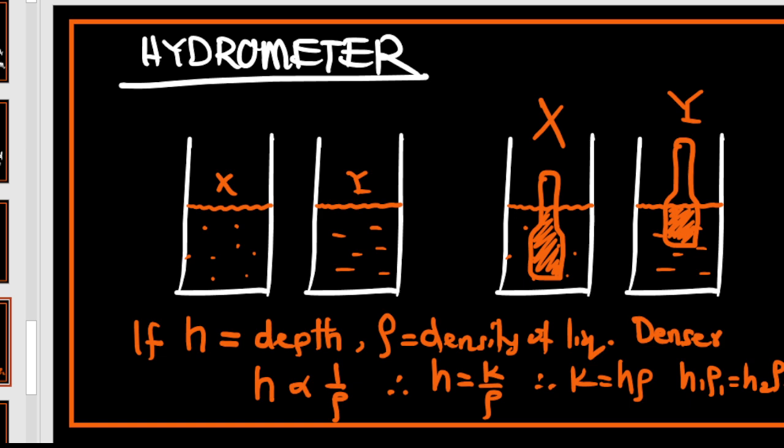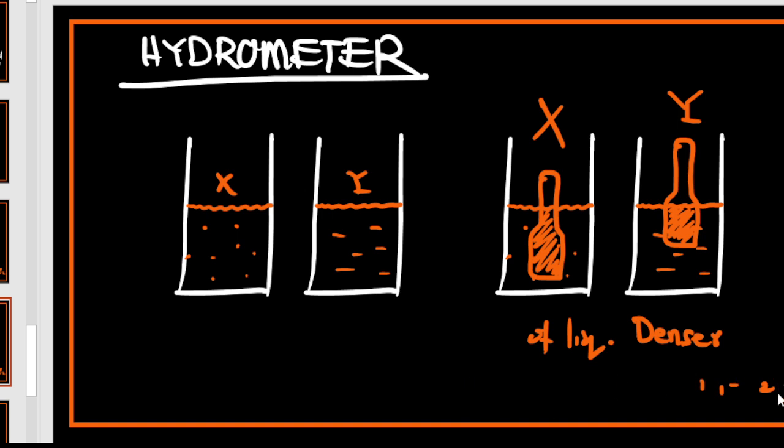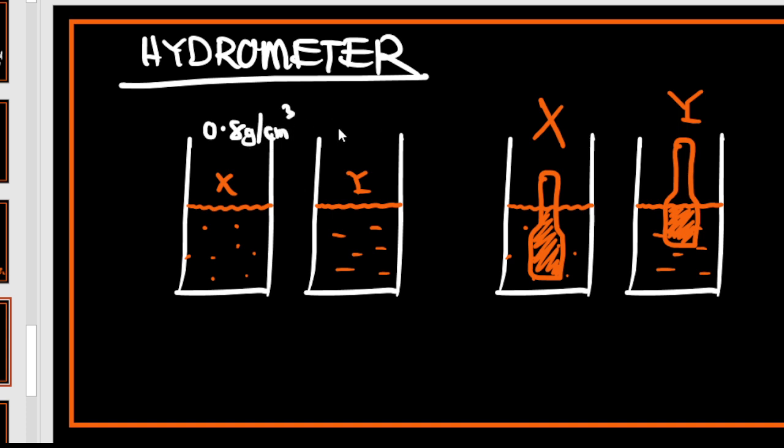Now let's create a question here using this particular analogy. Say we have this same scenario, and the question supplies you the density of X to be 0.8 gram per cm cube, and the density of Y to be 0.9 gram per cm cube.